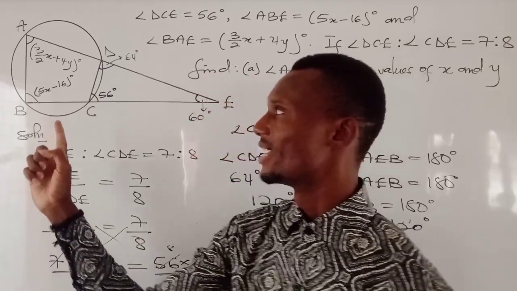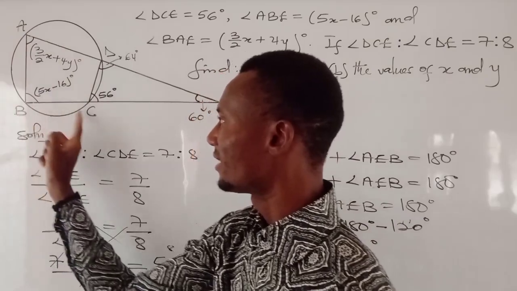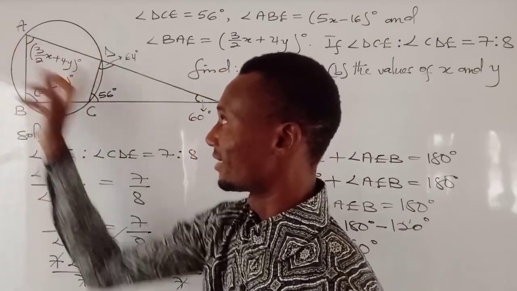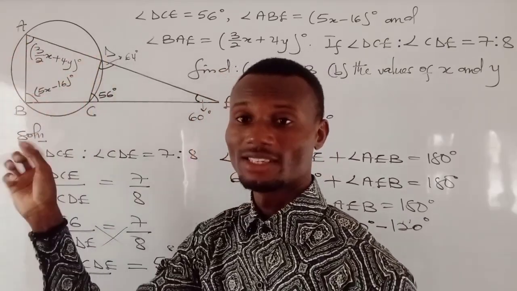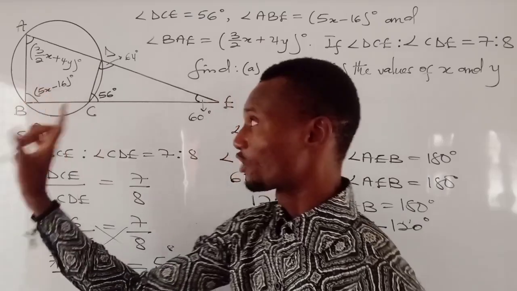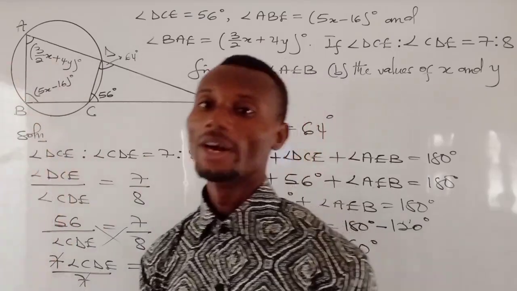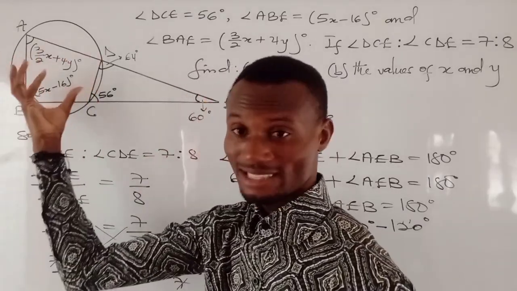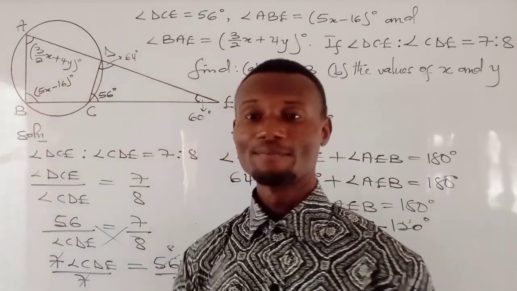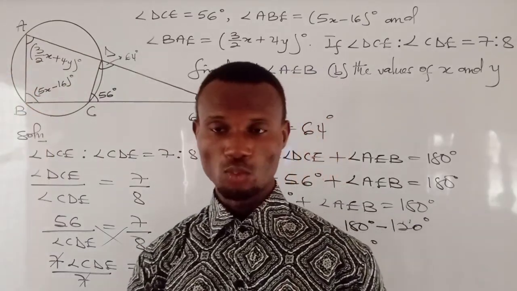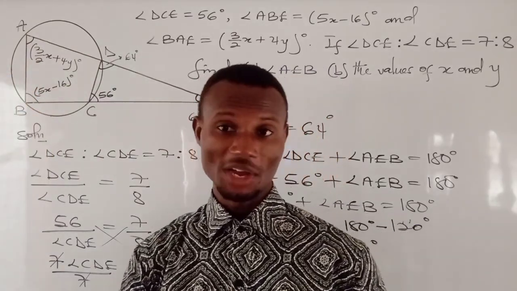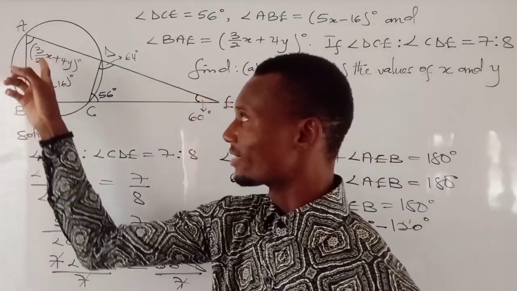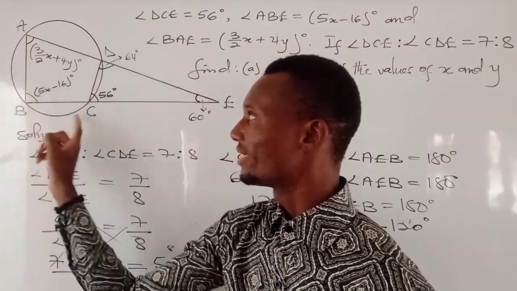You can see that the vertices of quadrilateral ABCD are touching the circumference of the circle, and the quadrilateral is inscribed in a circle. So we are going to consider this part of the diagram to find the values of S and Y, because the S and Y that you are looking for are in quadrilateral ABCD.